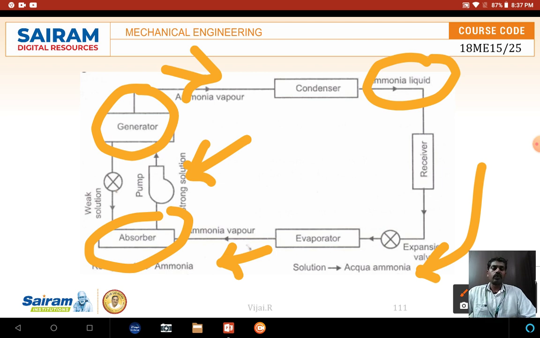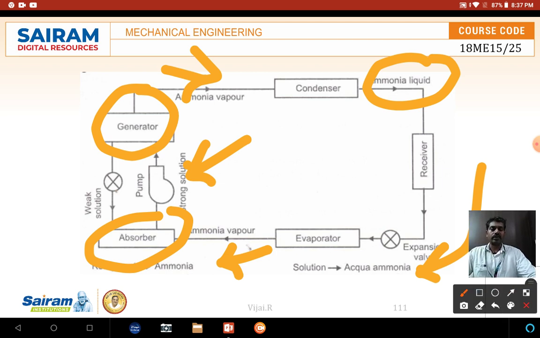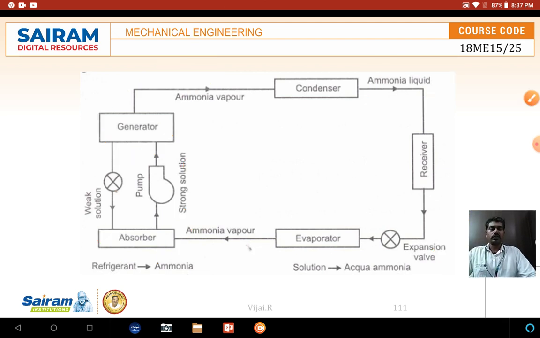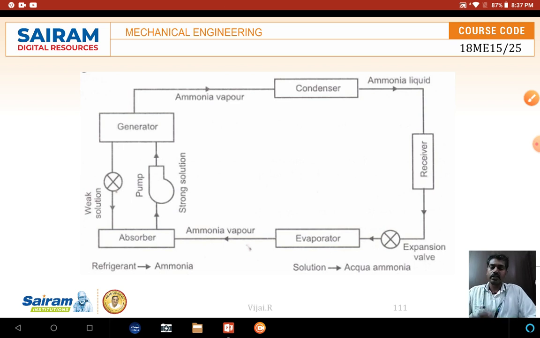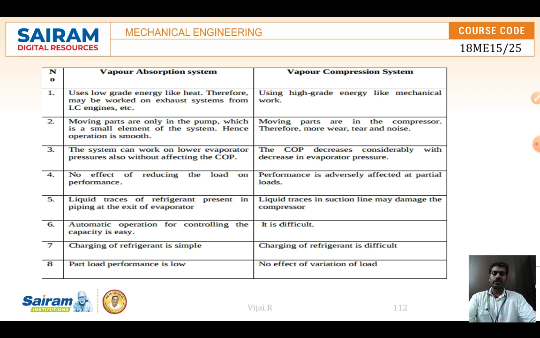So this cycle takes place continuously. So this is how the ammonia solution and ammonia vapor are formed in this vapor absorption system. We call it the vapor absorption system, and previously we have seen the vapor compression system. So this is how the vapor absorption system works.